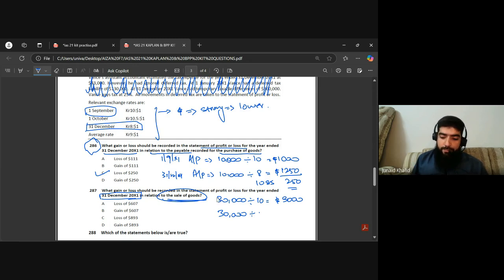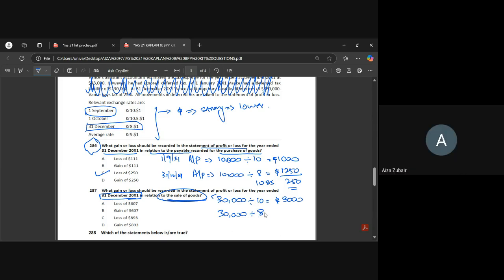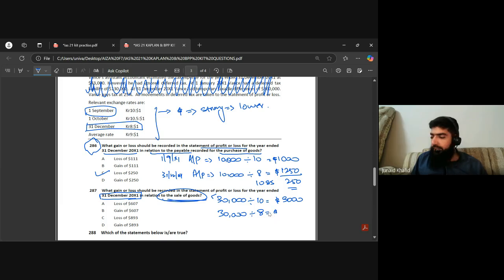At that date, the outstanding liability was 30,000 kromets, which was $3,000. Now the exchange rate is 8, right? Right. So what will be the translated amount?